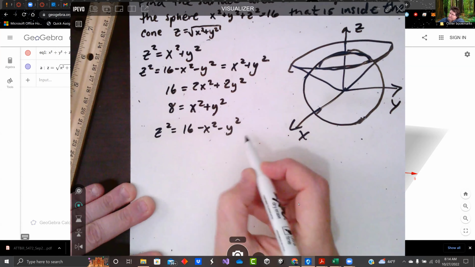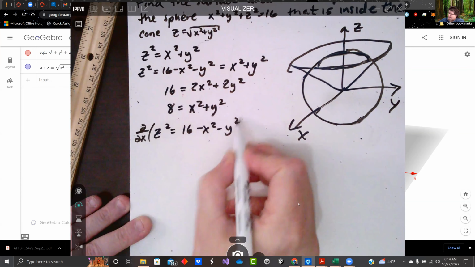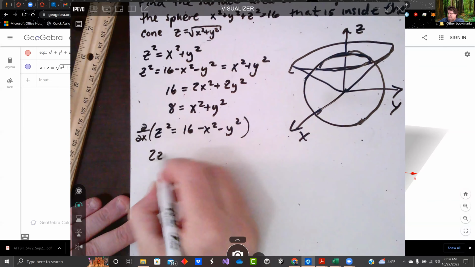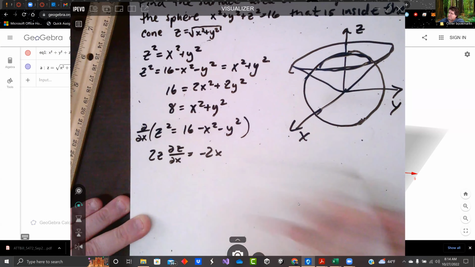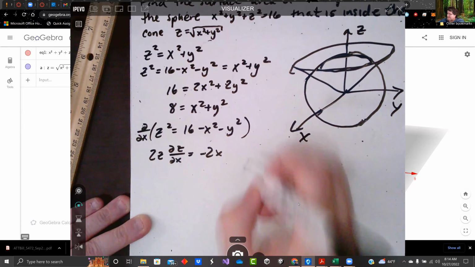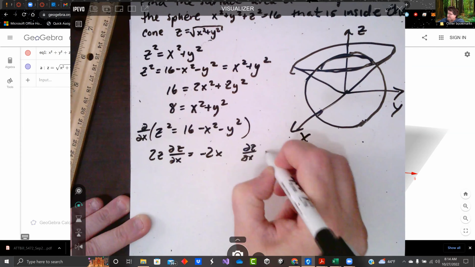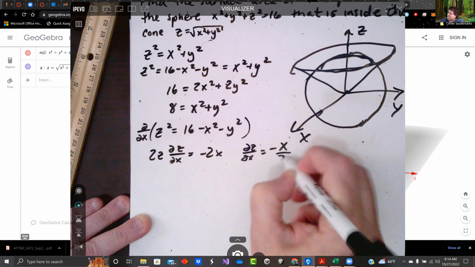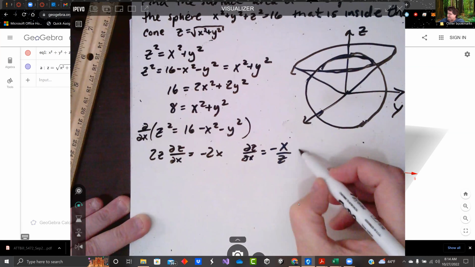We take the derivative here with respect to x. I've got 2z dz/dx equals negative 2x. So dz/dx is negative x over z. And we already have z. We know what that is.